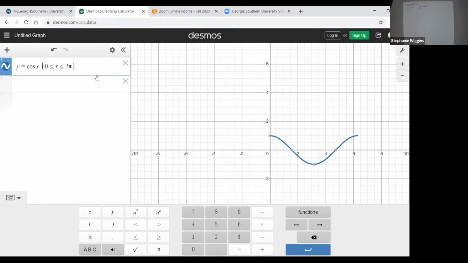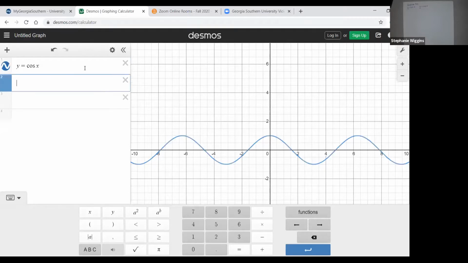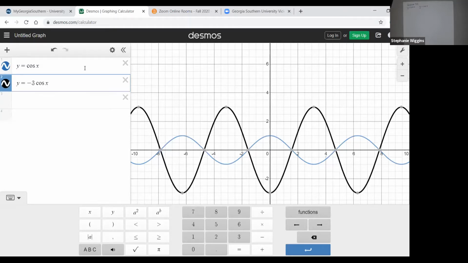All right, now back to the discussion of how we graph these. Okay, so here is the cosine function. If I want to have an amplitude of, let's say I want -3 cosine x, okay? Now, you see that negative in front? What it does is it takes, this is a valley, right? It becomes now a peak when I multiply by negative.